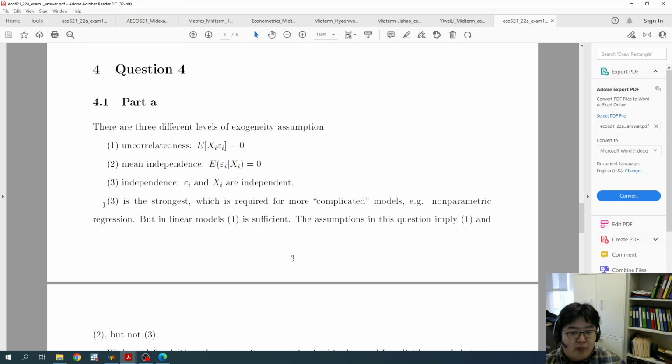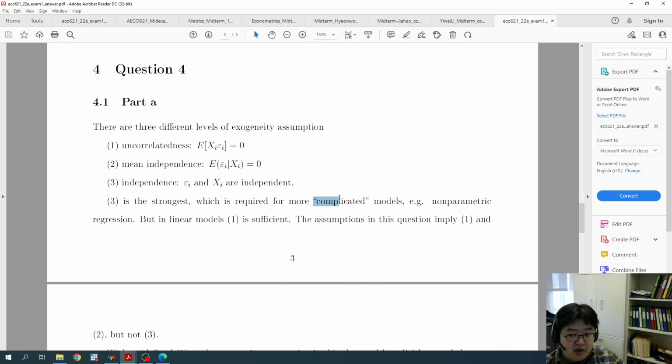However, in the linear model we consider in this class, we only need uncorrelatedness. Everything is linear, so the model is pretty simple, and uncorrelatedness is enough. Later, if you make your model more complicated, you may need number 2 or number 3.